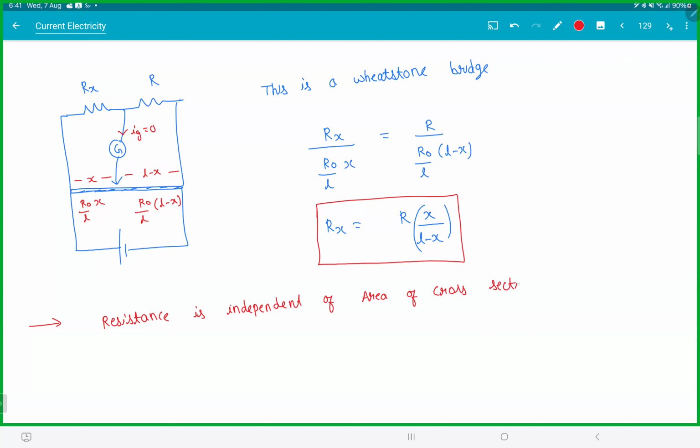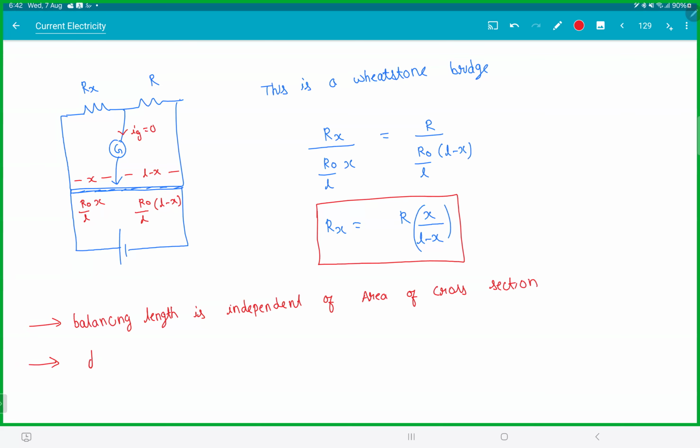So a question like this: if the radius of the wire has become 2r, or the wire thickness is increased, how does it change? Will the reading change? It doesn't get affected. The balancing length x is independent of area of cross section. Means you use a thick wire or a thin wire, it is the same thing.